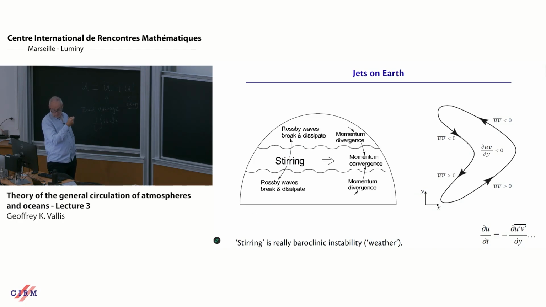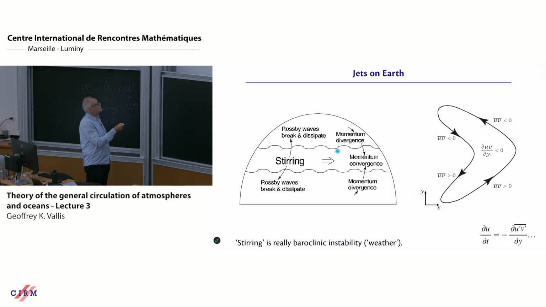And it turns out, next slide, we'll show it, that momentum travels in the opposite direction of the Rossby wave group velocity. And these Rossby waves then converge in the region of stirring and give you an acceleration. And how it works in physical space is this one on the right, that they create these boomerang-shaped eddies. The flow goes round like this.